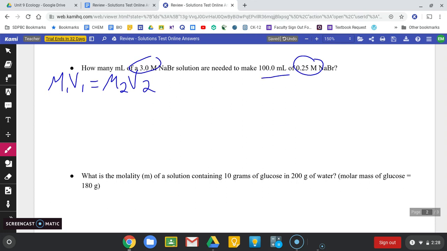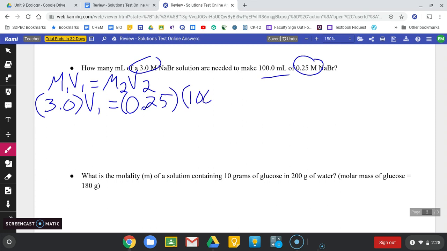They're asking us how many milliliters, so we have to find an answer in milliliters. So I'll just plug them in order. We know that M1 is 3.0. We don't know V1. M2 is the other molarity. V2 is the one volume they give us. That's in milliliters, so your answer will be in milliliters.